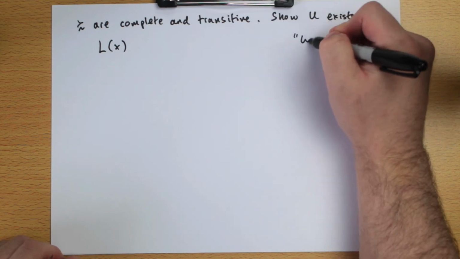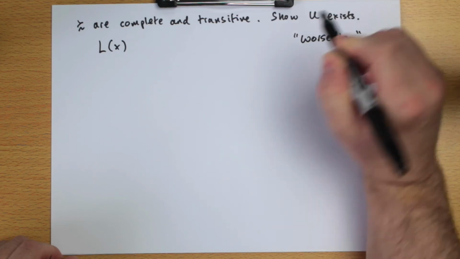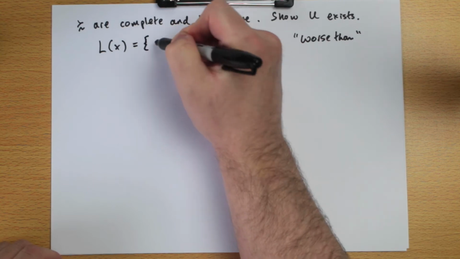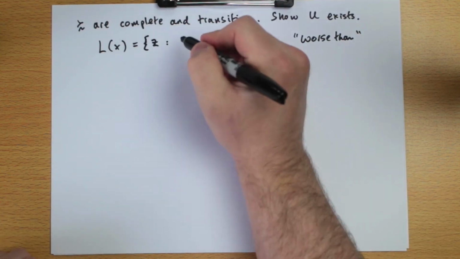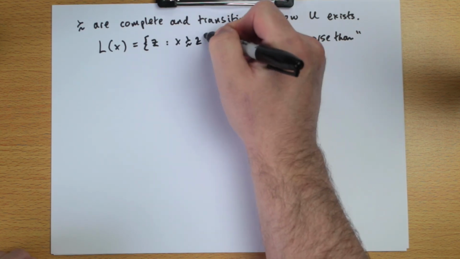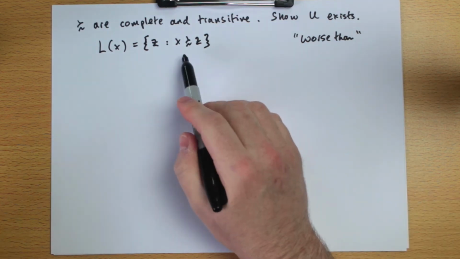Sometimes it's called the worse than set. Well, it's a set. It's all of the different outcomes Z that satisfy the rule X is preferred to Z. So it's all of the outcomes that are worse than X.